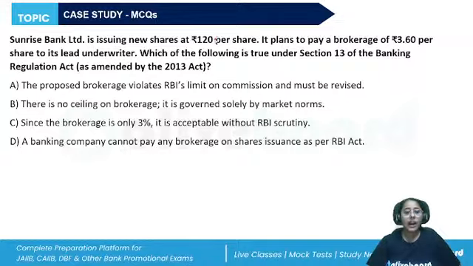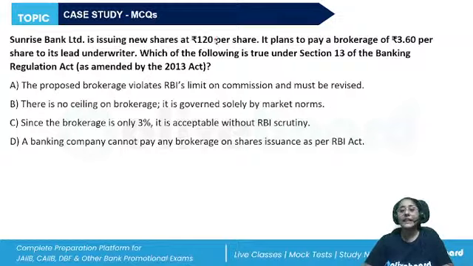So they have issued new shares at rupees 120 per share, and the brokerage that they are planning to pay is rupees 3.60. So, does the proposed brokerage violate RBI's limit on commission and it must be revised? Or there is no ceiling on brokerage? Since the brokerage is only 3%, it is acceptable. A banking company cannot pay any brokerage.